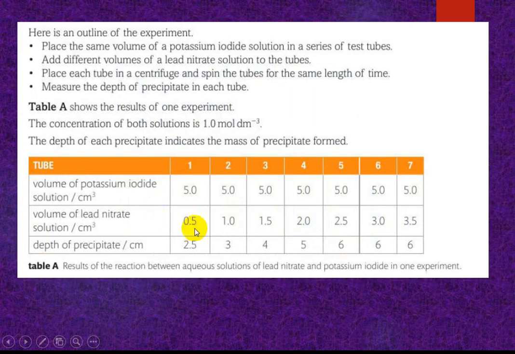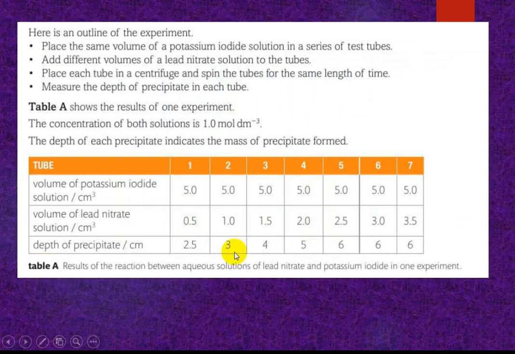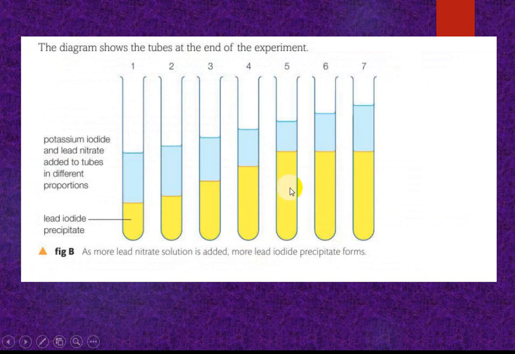At first the lead iodide precipitate was 2.5, then 3, 3.5, 4, 4.5, 5, and then it remains the same in test tubes 5, 6, 7. Why does it remain the same?